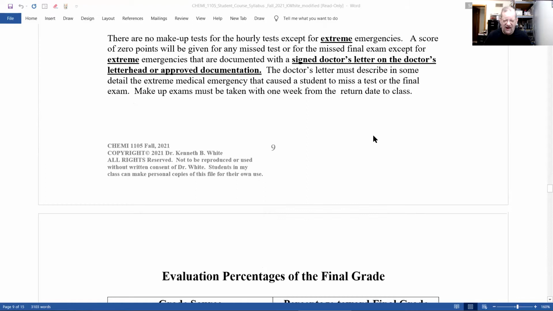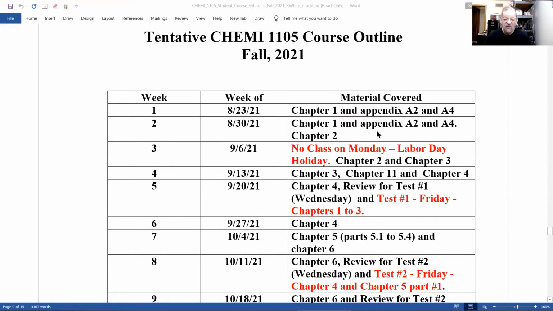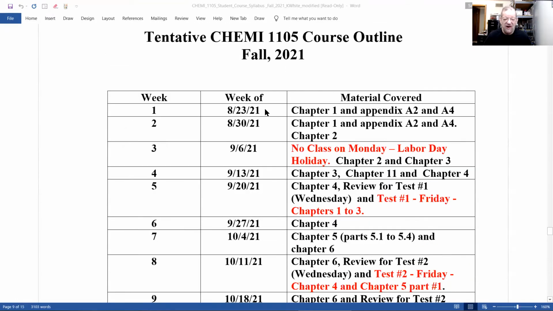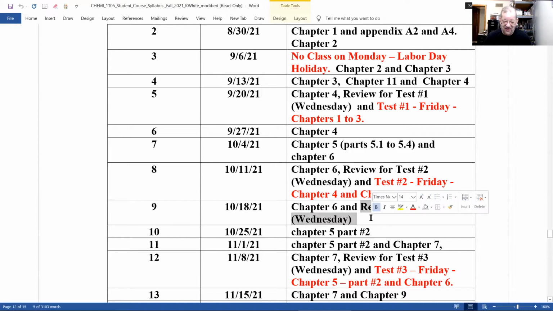The next change I made was in the course outline. I moved the test to the date. Remember, this column is week of, meaning this is Monday date. Test 5 will do that, and the day before we'll have the review. And I see, I forgot to eliminate that. Well, anyways, I'll have to modify it again.